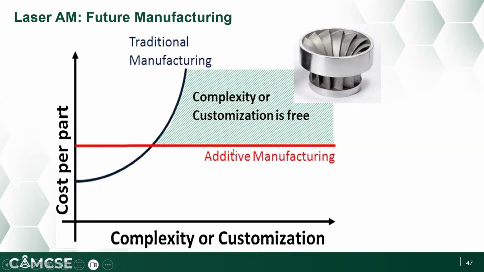So the cost for additive manufacturing keeps decreasing, which means the space to get extra complexity and customization becomes more and more enormous, right? You can actually get this extra benefit for free, basically.